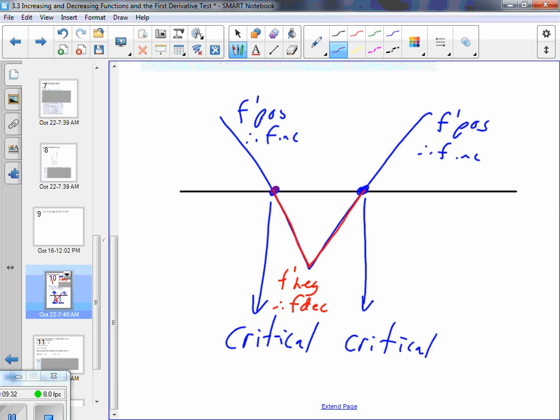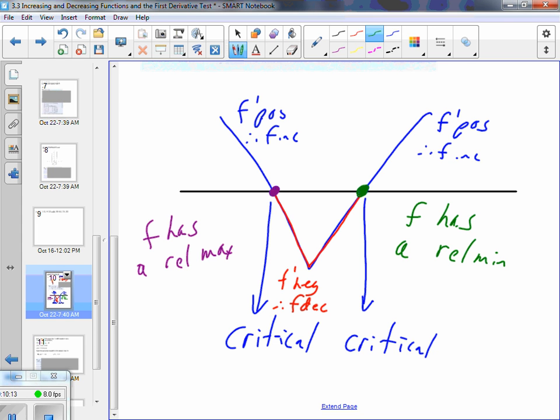Right here on this purple critical number, the derivative changed from positive to negative. So, on f, what happened? F has a relative what when the derivative changed from positive to negative? Max. On this second critical number, the green one, the derivative changed from negative to positive. So f has a relative minimum there.